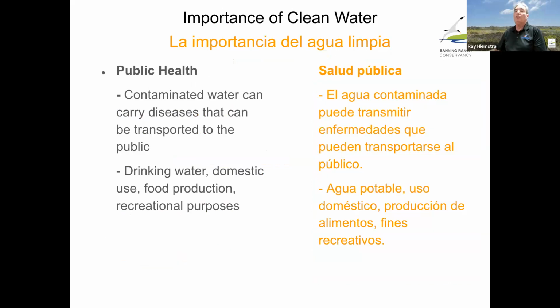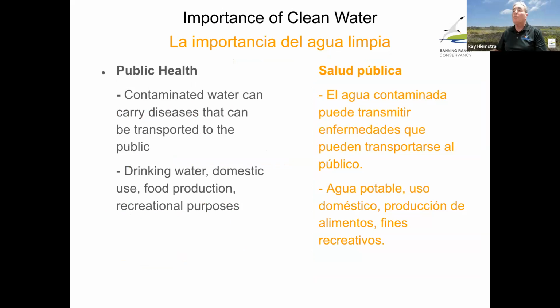So what is important about clean water? Well, first of all, public health. We're very lucky in the United States in general to have clean water. There's places in California and throughout the nation that have water quality issues, and we hear about that sometimes.